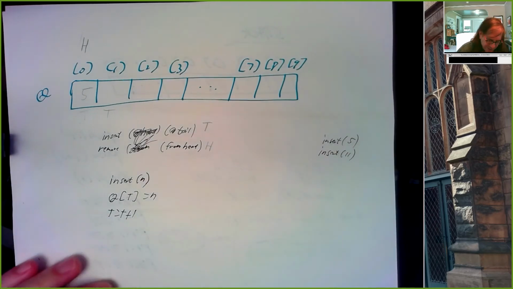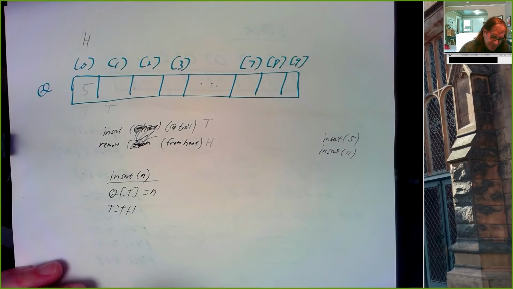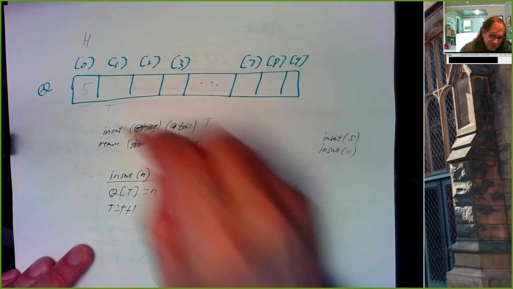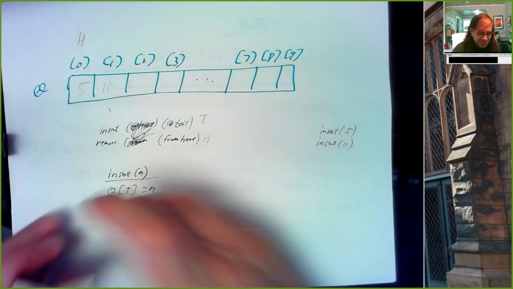If I insert an 11, I'm going to store that at the position given by the tail, which is right here. So I'm going to store my 11 here, and then I'm going to increment the tail.